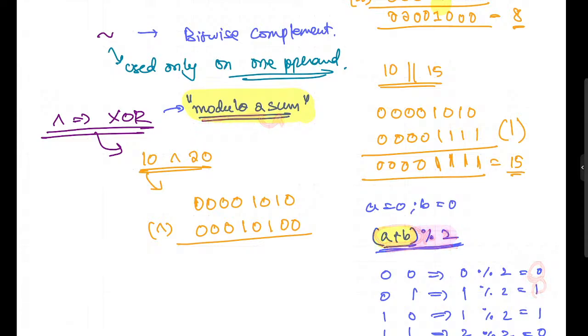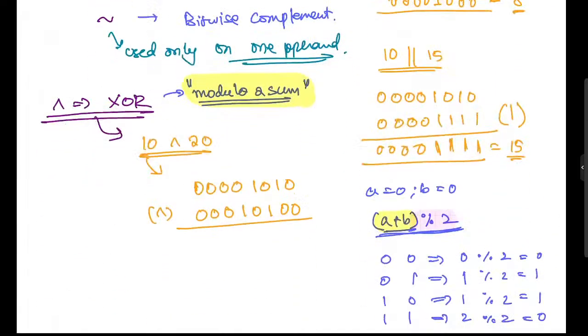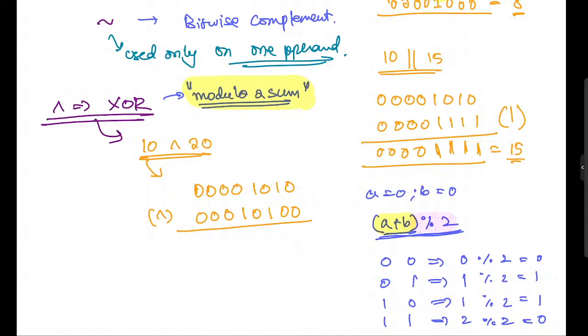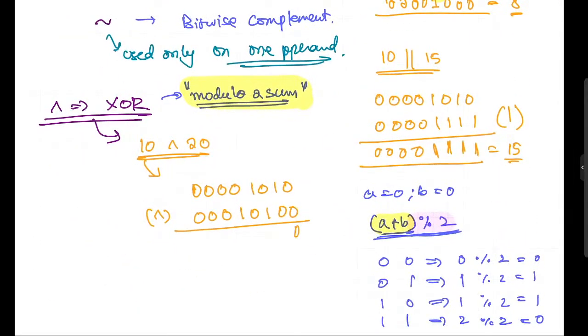So in the bitwise world, according to our truth table, 0 XOR 0 is 0, 1 XOR 0 is 1, 0 XOR 1 is 1, 1 XOR 0 is 1, 0 XOR 1 is 1, right? And then all zeros.